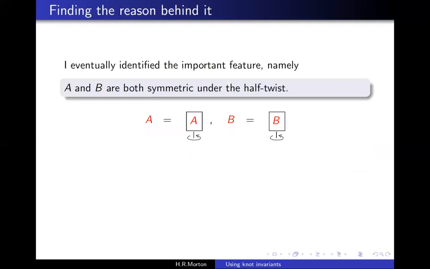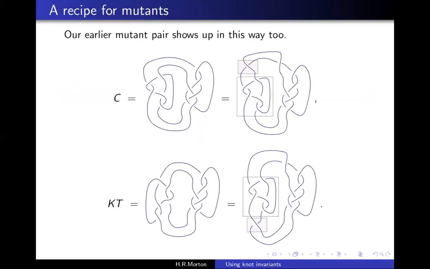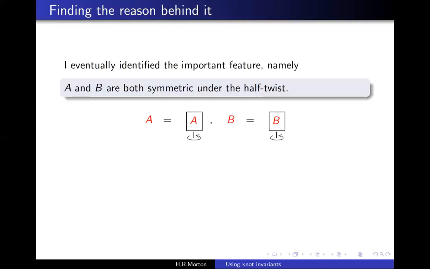And eventually I identified the important feature in their tangles, that both what was put in the box A and what was put in the box B were symmetric under the half twist. Now, if I go back here, this box is symmetric under the half twist, but this box isn't. So that was the feature that they had come up with.